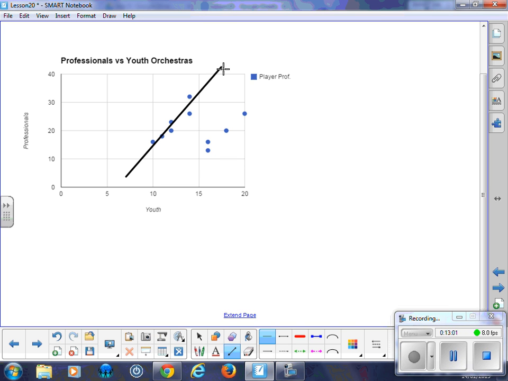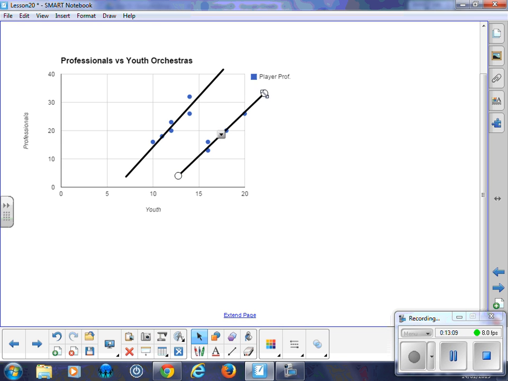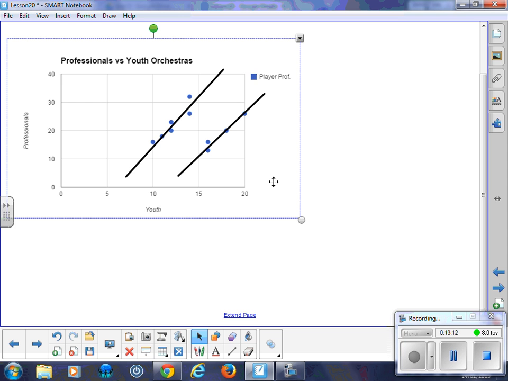This data seems to form a line, and this data seems to form a line as well. So it looks like there are two relationships going on at the same time. If we do two lines of best fit for the data, all of a sudden we see, wait a minute, there's a huge strong correlation here and a huge strong correlation there.